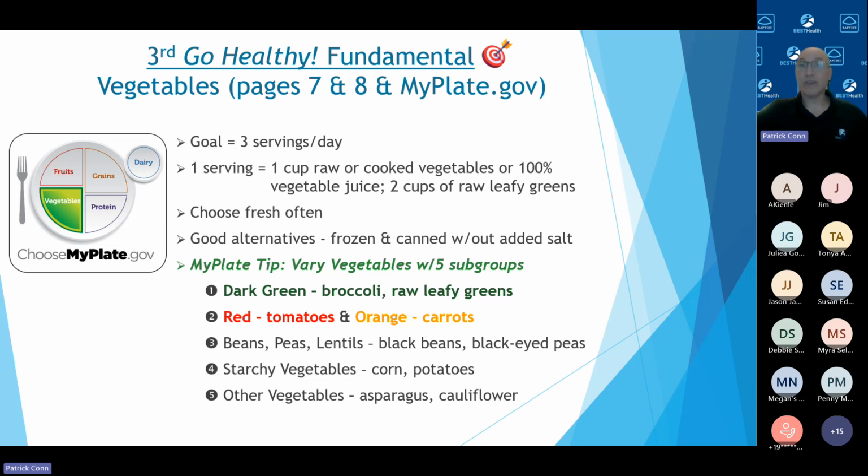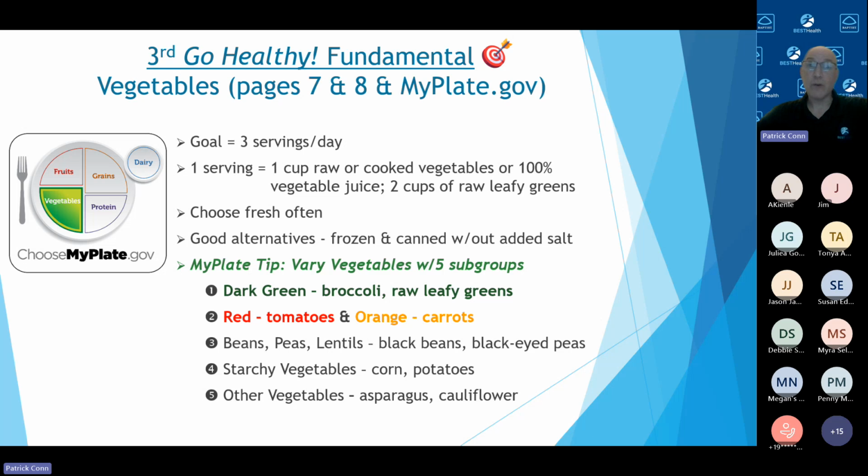You then have the subgroup of your starchy vegetables, things like corn and potatoes. And then you have what they call the other vegetables, like asparagus and cauliflower, bell pepper, et cetera, et cetera. Again, you can go to that My Plate tab, click on vegetables, open up all these subgroups, and it's going to show you a lot more vegetables that are within each one of these subgroups.